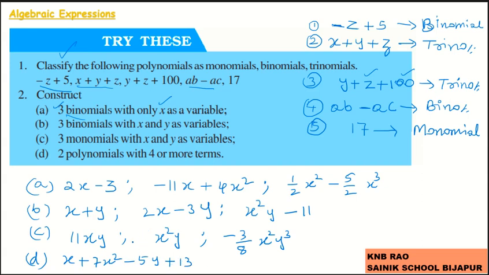So I have used the variables x and y as well as a constant, having 4 terms. I can generate many polynomials with 4 or more terms, having one variable alone, or more than one variable also. So, etcetera, we can generate. This is how you need to construct.